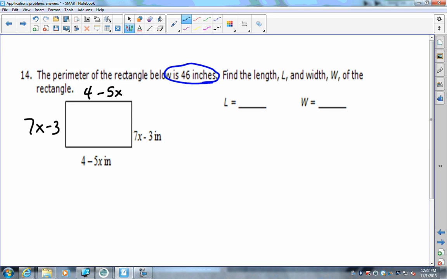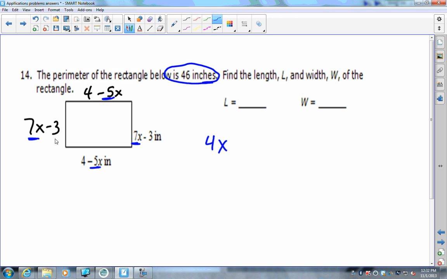So what I'm going to have is, I have 7x and 7x is 14x, minus 5 and minus 5. That gives me 4x. And then I have, this is number 14.